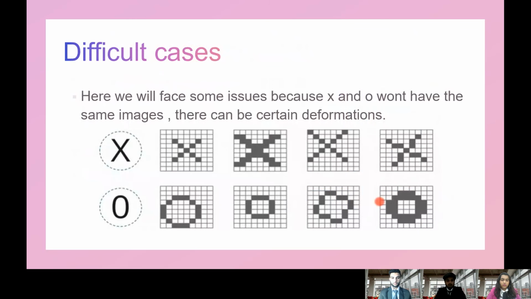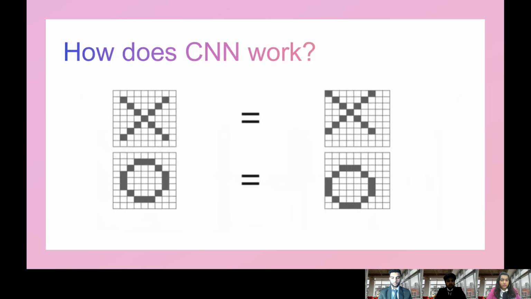There are some difficult cases in which the images are deformed, like all the four images of X and also O. They are images of X and O but just deformed, and we want our classifier to classify them as X or O. The first image of X is the proper image, which is equal to the second image which is deformed, same with O.